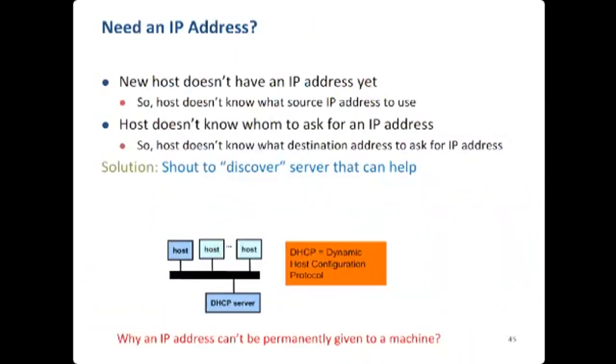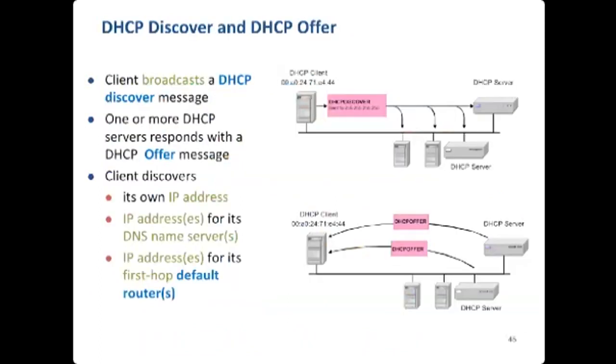All right. So now the DHCP protocol works in this way. The DHCP client is in the local area network. Alice's machine will shout to discover a server that can help. The protocol is, of course, the Dynamic Host Configuration Protocol. She creates a discover message and broadcasts it over the local area network.